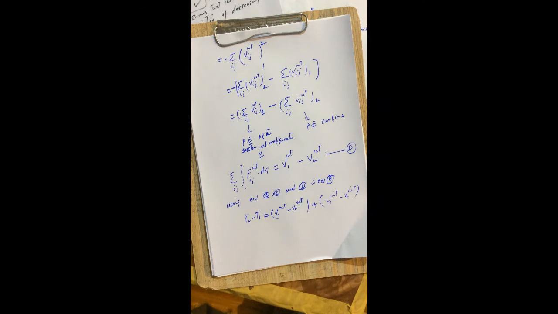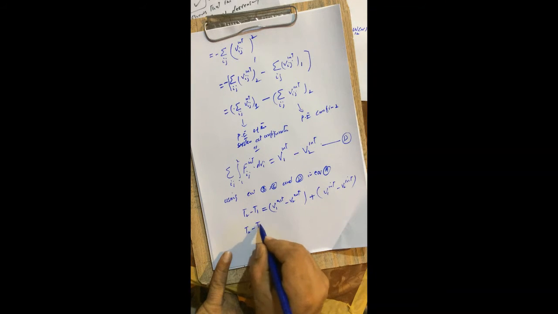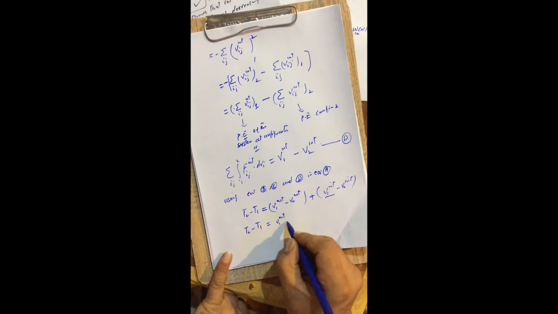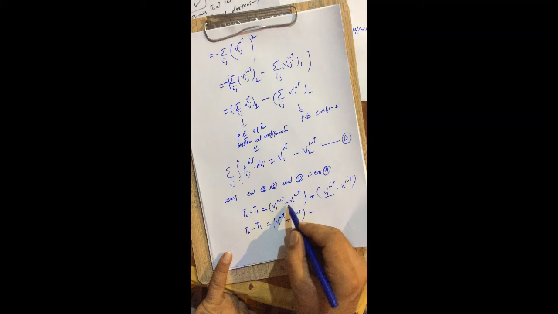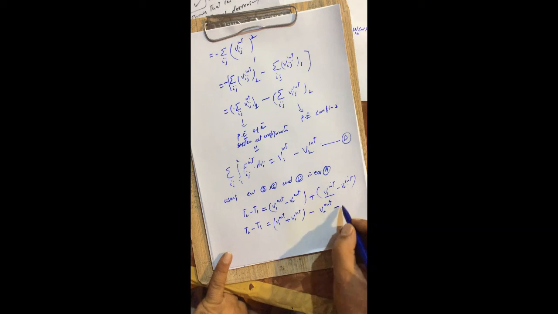So it means I will rearrange the terms now. We have T2 minus T1, which is equal to V1 external plus V1 internal, and then we have minus sign, V2 external plus V2 internal.